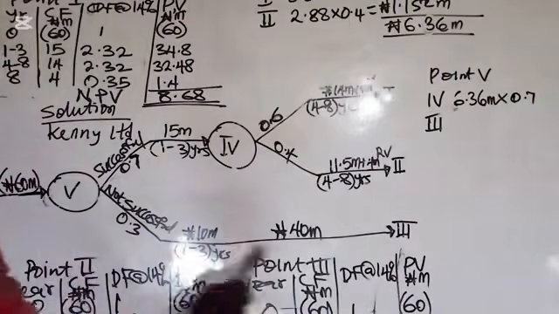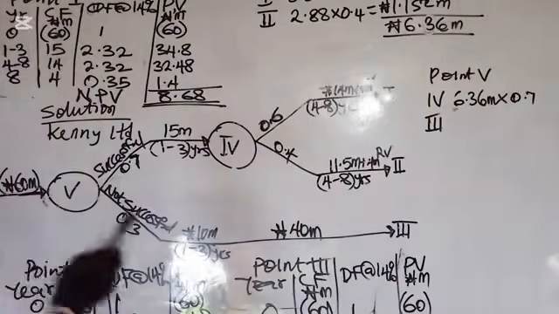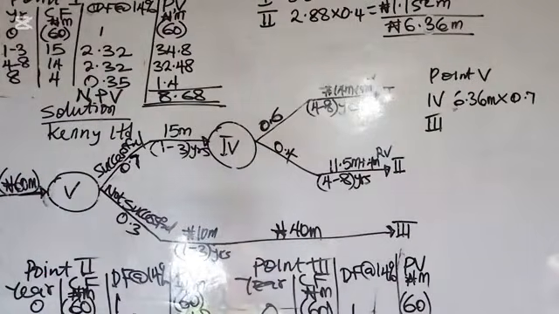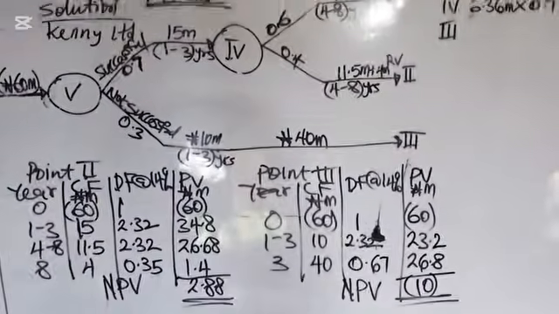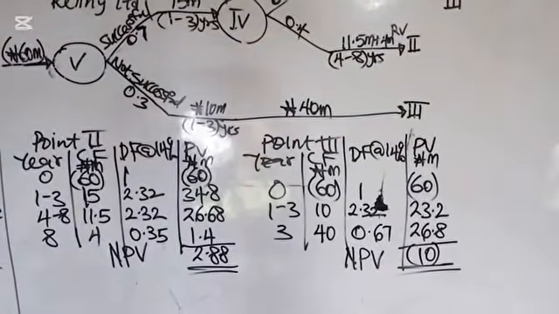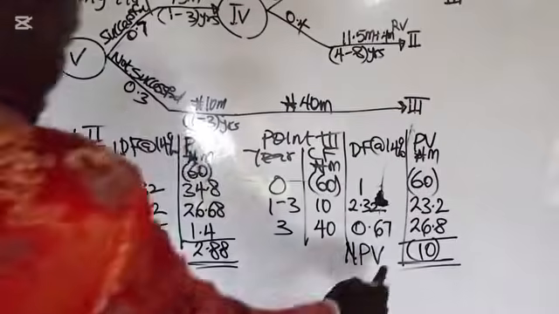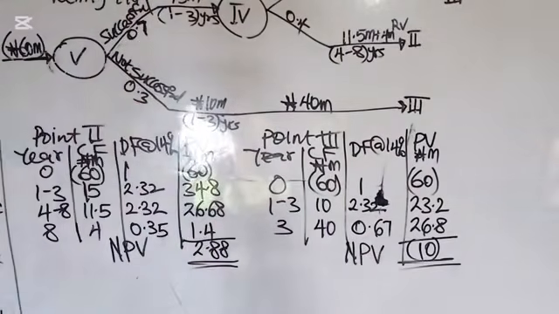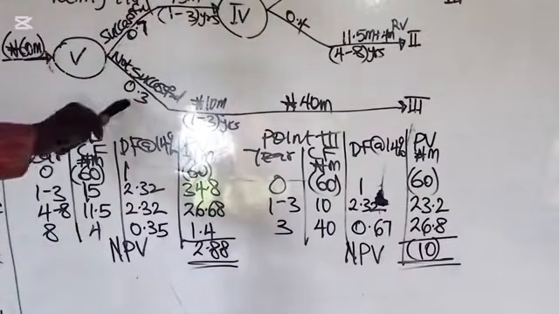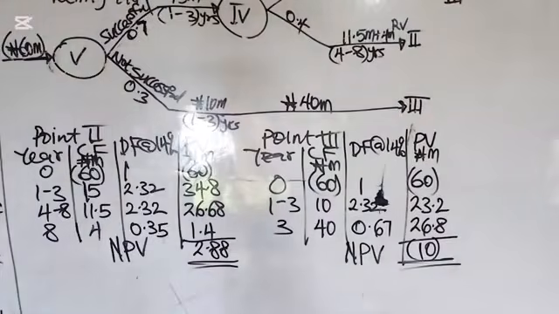Then we can also start from 3 to 4, and we have determined the value at point 3, and we got a negative NPV of 10, and the probability is 0.3.